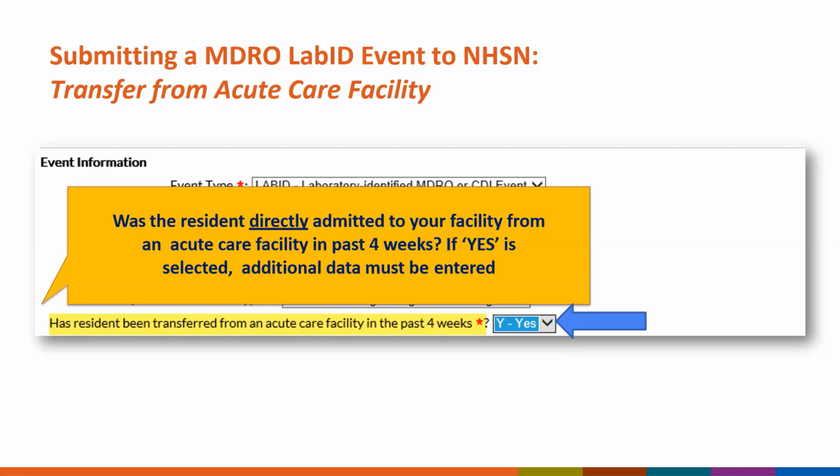Otherwise, select no. If yes is selected, 2 additional required questions will populate for users to answer: the date of last transfer from acute care to your facility, and was the resident on antibiotic therapy for the specific organism type at the time of transfer to your facility. Keep in mind that a resident visit to an ED or outpatient facility, such as a physician's office, is excluded since these outpatient visits do not represent an actual inpatient admission into the acute care facility.